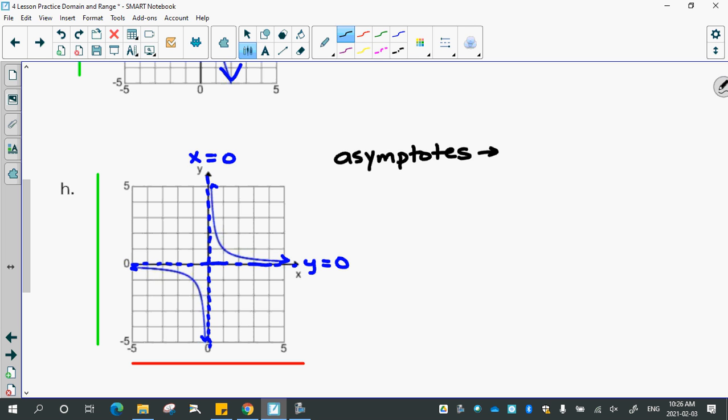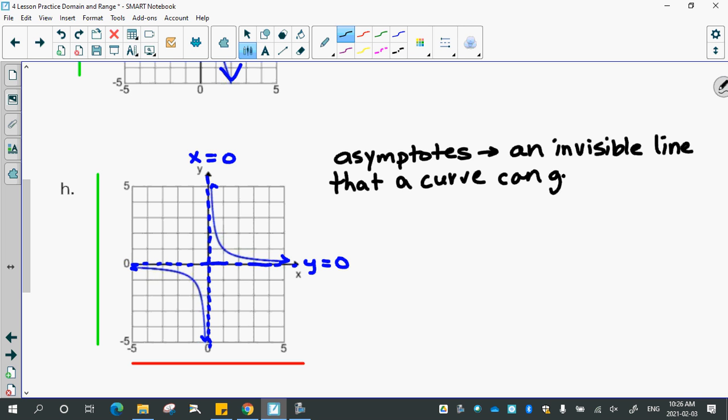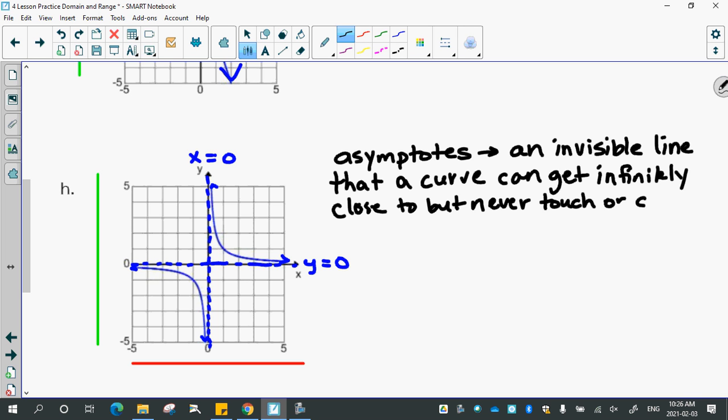All right, asymptotes. An asymptote is an invisible line that a curve can get infinitely close to, but never touch or cross.